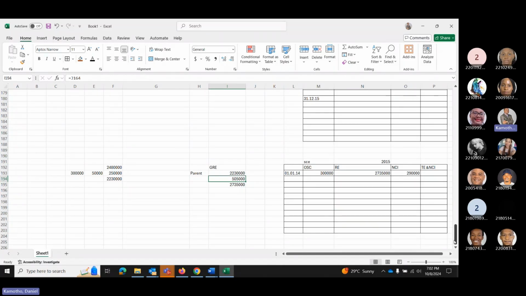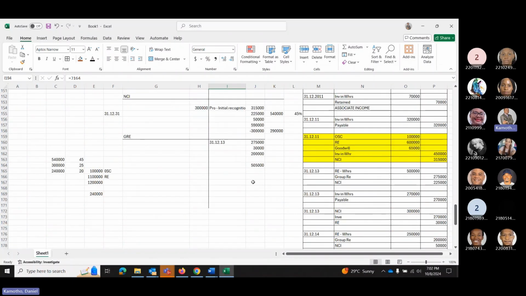505,000 is all the post-acquisition earning arising from the acquisition of the subsidiary. I went to what we were doing, the journals and the ledger. On the 31st of December 2013, we shared 55% of the profit of 275.